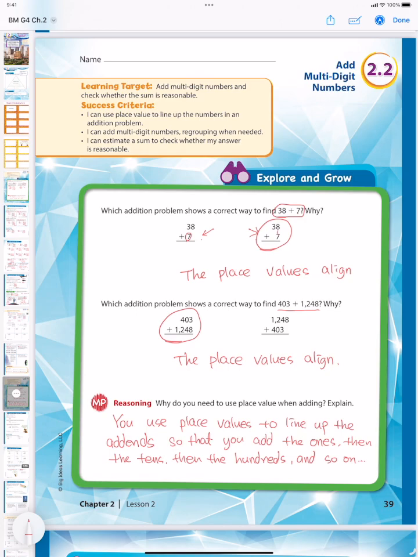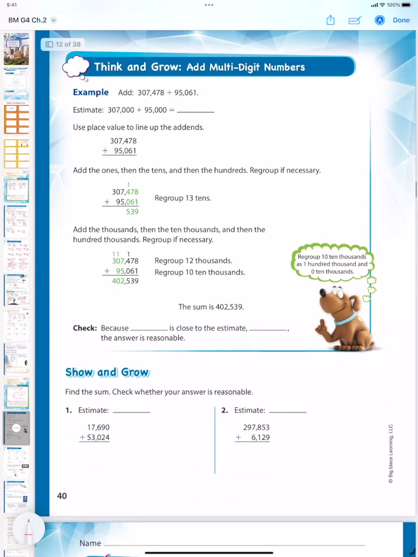Okay, if you need to write it more, please pause the video and then write it down. And let's move on to our next page.